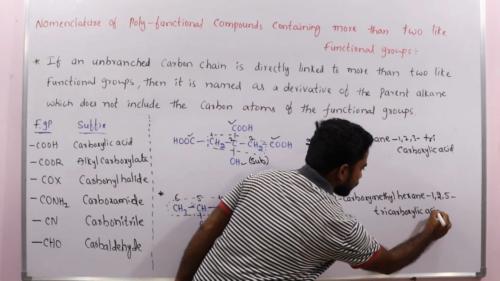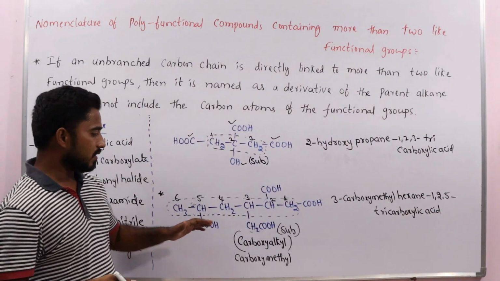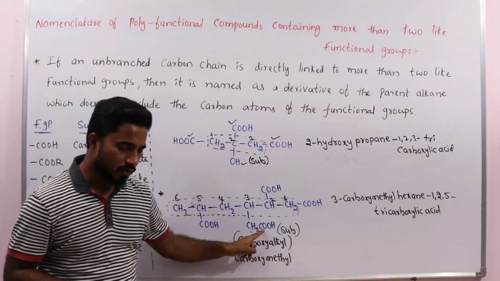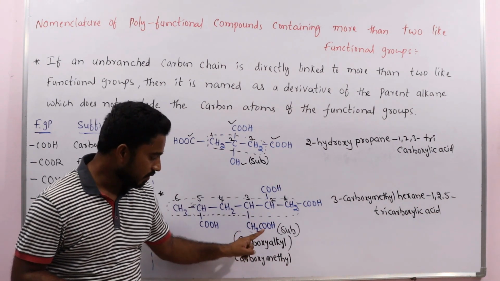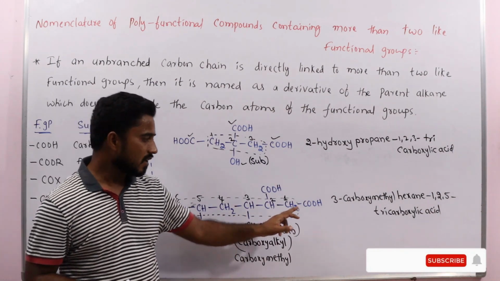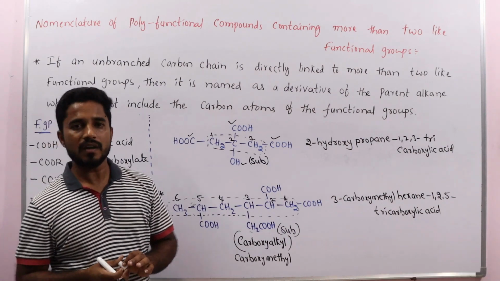Like this we have to give the name for this compound. Always remember, when the functional group is not bonded to the parent chain, then we have to use carboxyalkyl as a prefix. That is 3-carboxymethyl in this molecule. Okay, thank you.